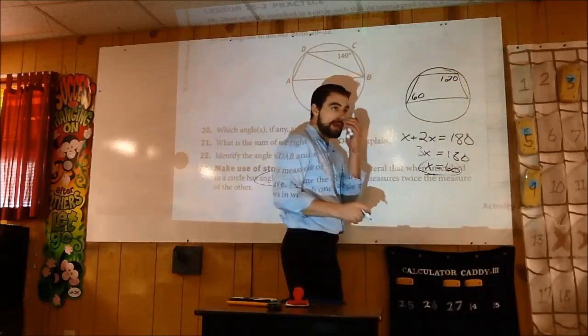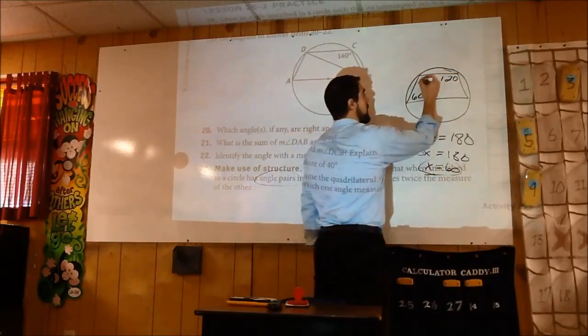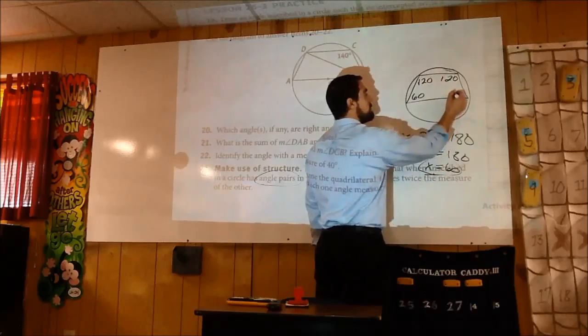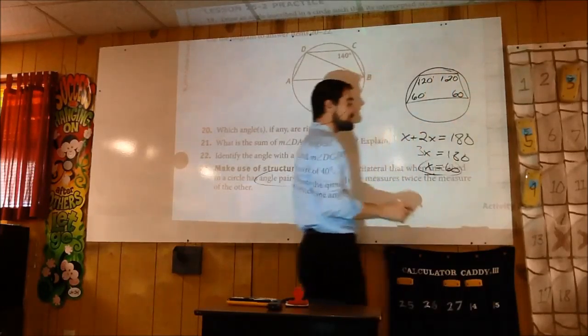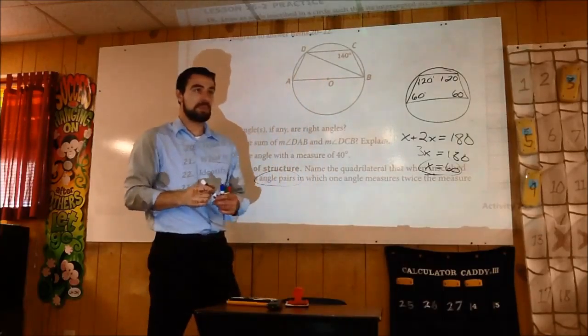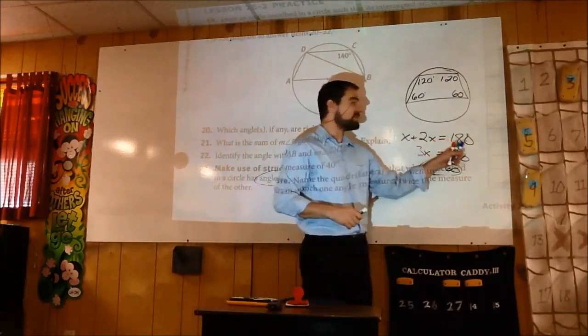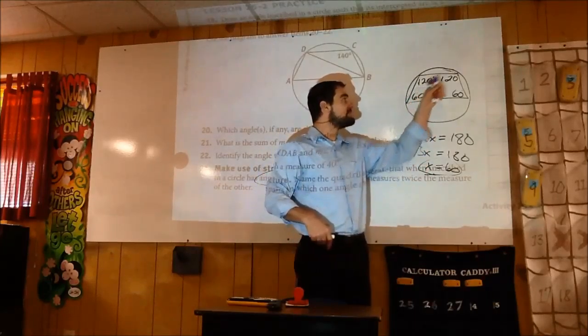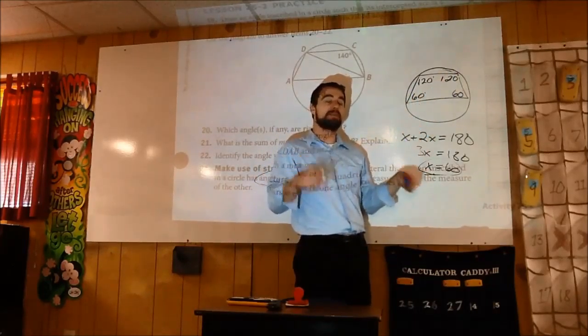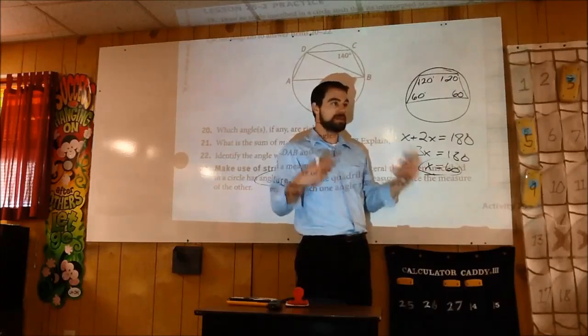That would be 120. This would also be 120, making this 60 degrees. And again, I set it equal to 180 because that theorem tells us that opposite angles of inscribed quadrilaterals are supplementary.